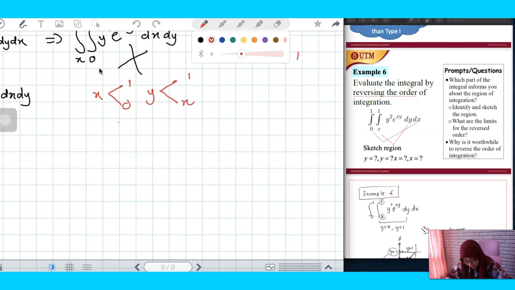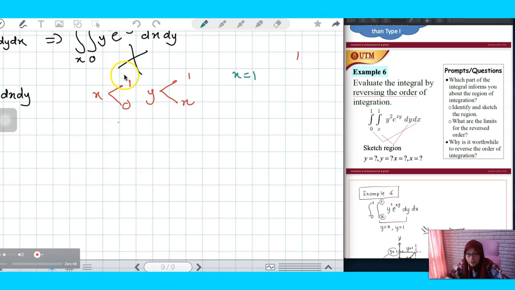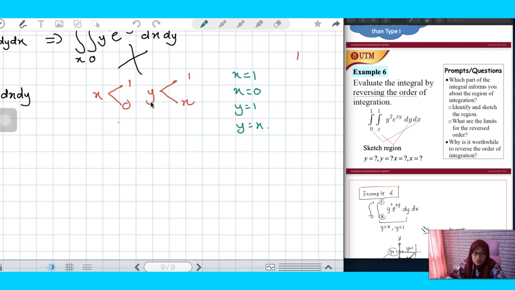From here, you can write down some equations: x equal to 1, x equal to 0, y equal to 1, and y equal to x. So you get 4 equations which give you 4 curves or lines.